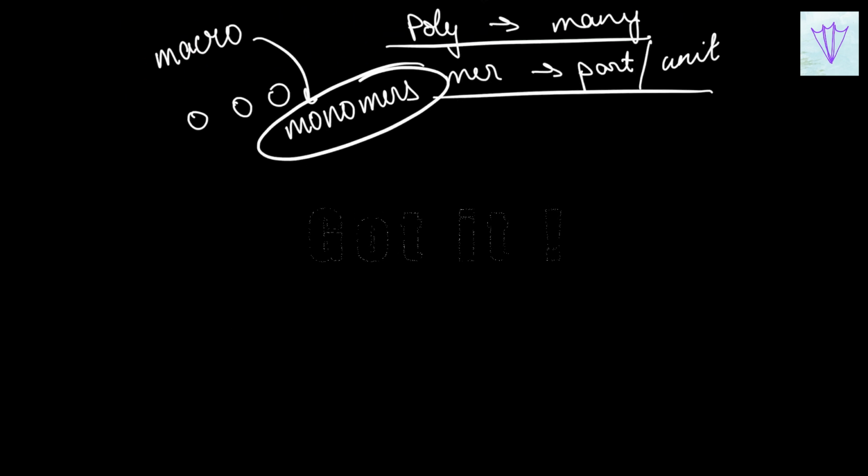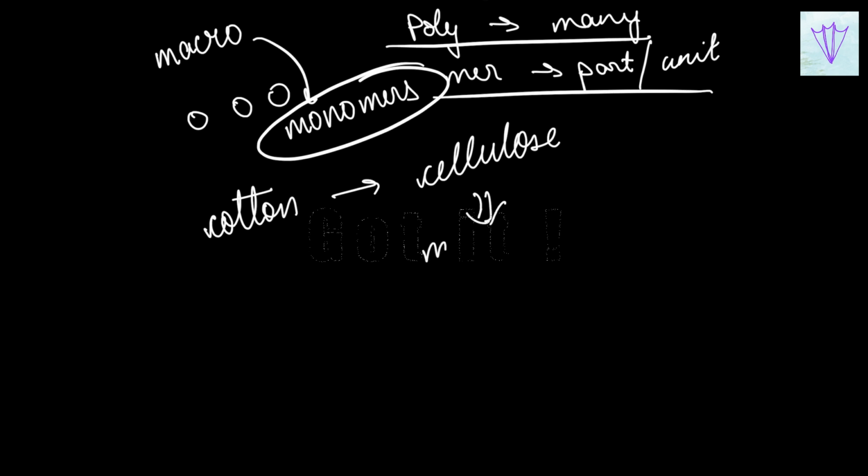One such example is cotton, which is made up of cellulose, a polymer whose monomer is glucose units.